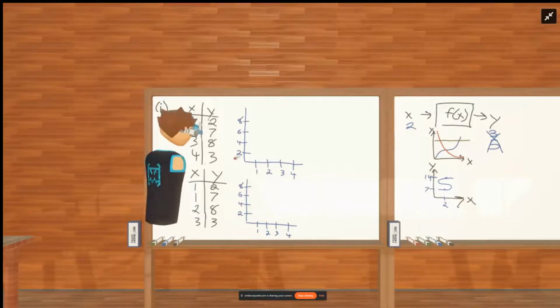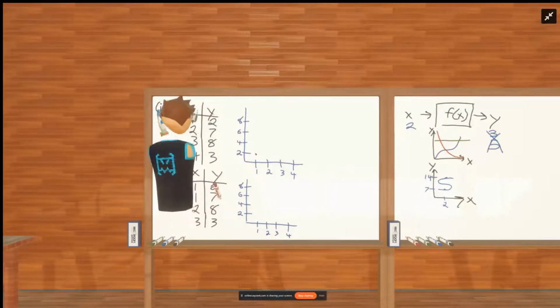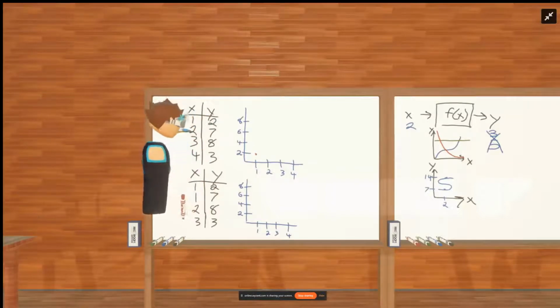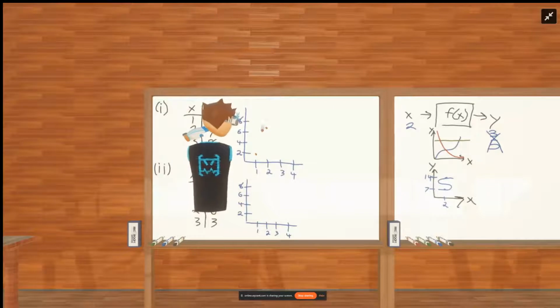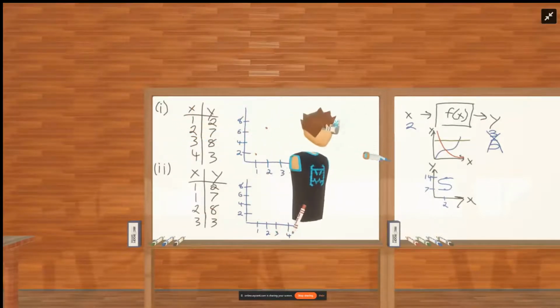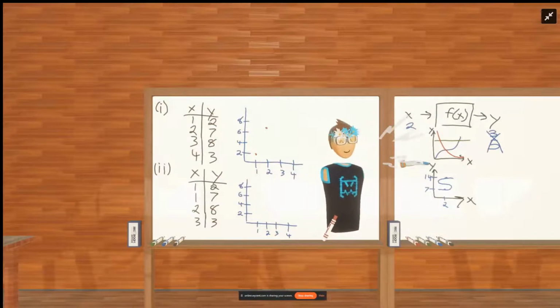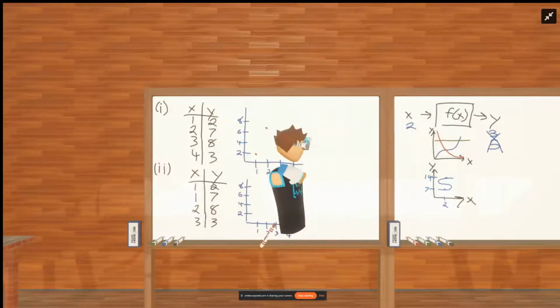Here x equals 1, y equals 2. So there's a dot right there. And x equals 2, y equals 7. So that's about here. While I'm doing this, keep an eye out for anything that violates this rule, where a single x cannot equal more than one y. Okay?